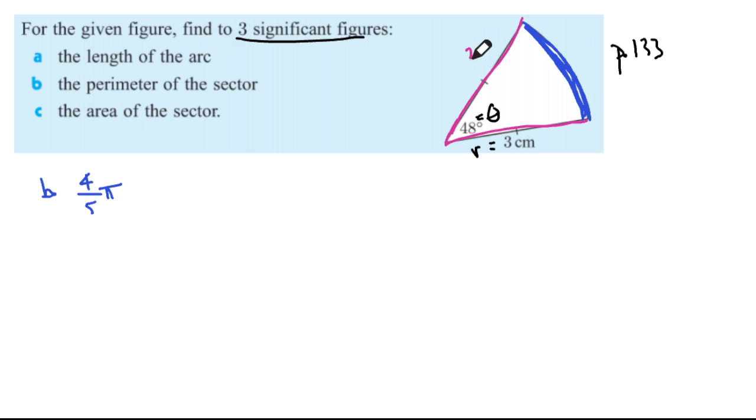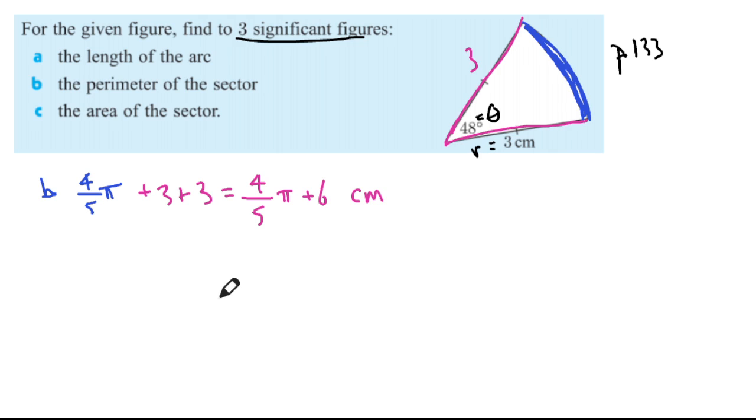So each of these is 3, so this means it's plus 3 plus 3. I'm being super thorough. So this would be 4/5 pi plus 6 centimeters. Alright, the previous answer was also centimeters, I just forgot to write it.